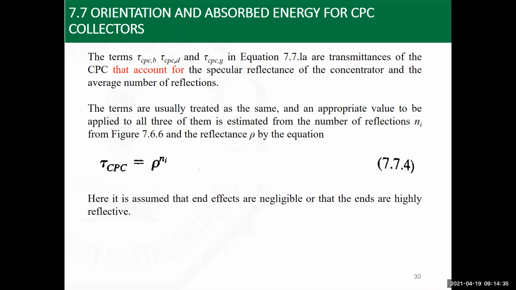An expression that can be used is the reflectance raised to the power Ni, where Ni is the number of reflections in the unit. We have seen the equation earlier that gives us the value of Ni, the average number of reflections in the collector.